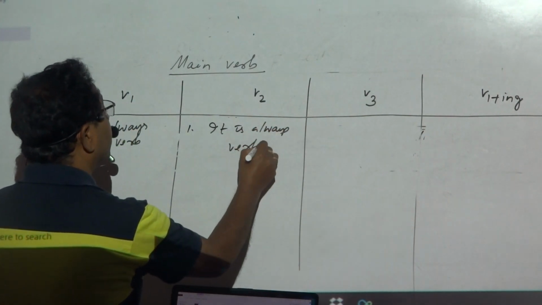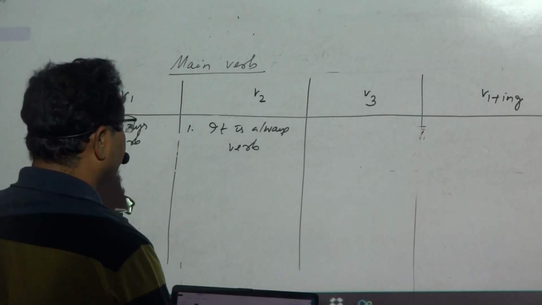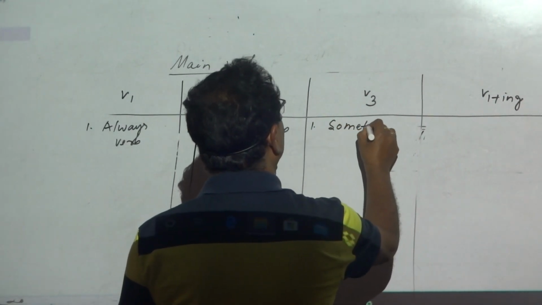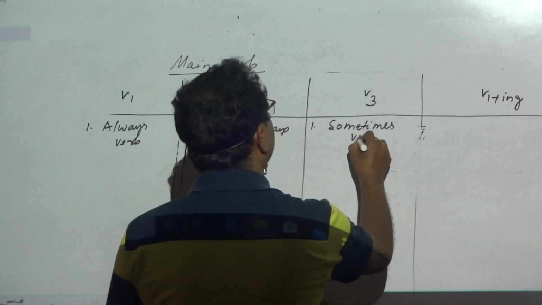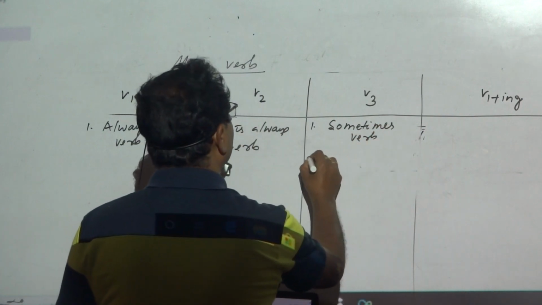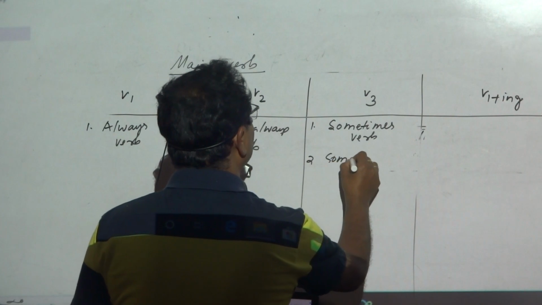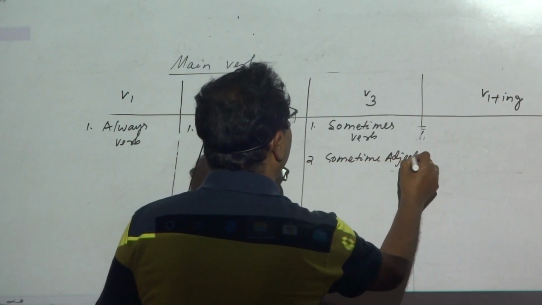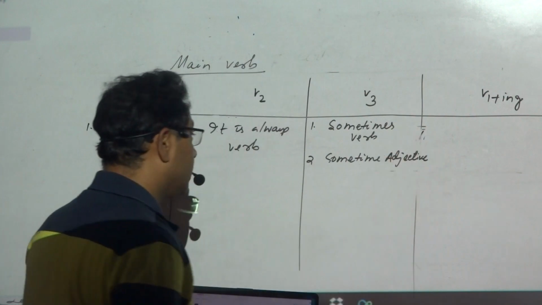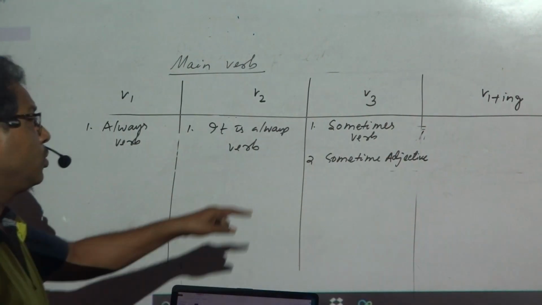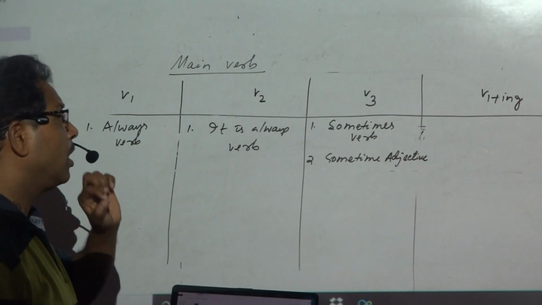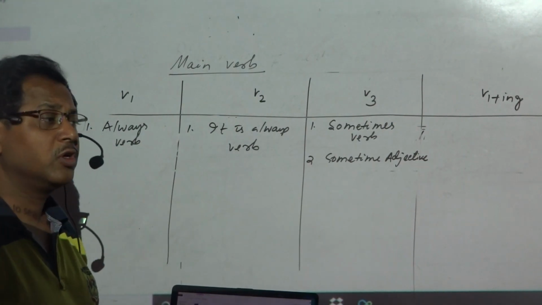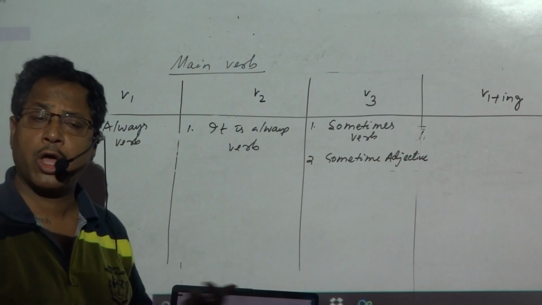V3 is not always verb, sometimes verb, sometimes adjective. You cannot, closing your eyes, say that V3 is a verb, not at all. Broken is not at all a verb.